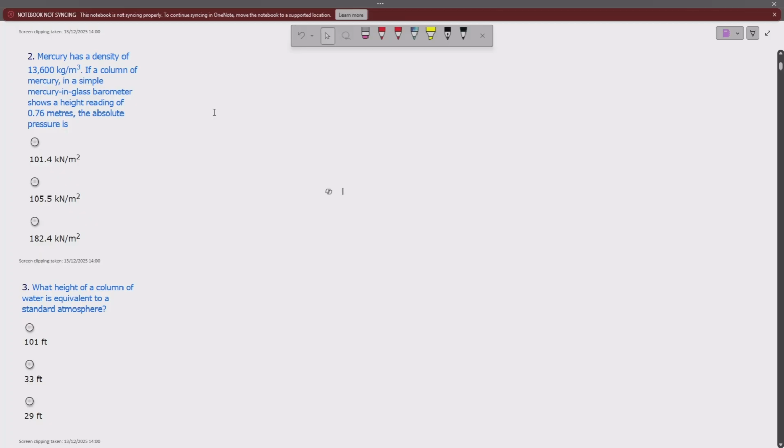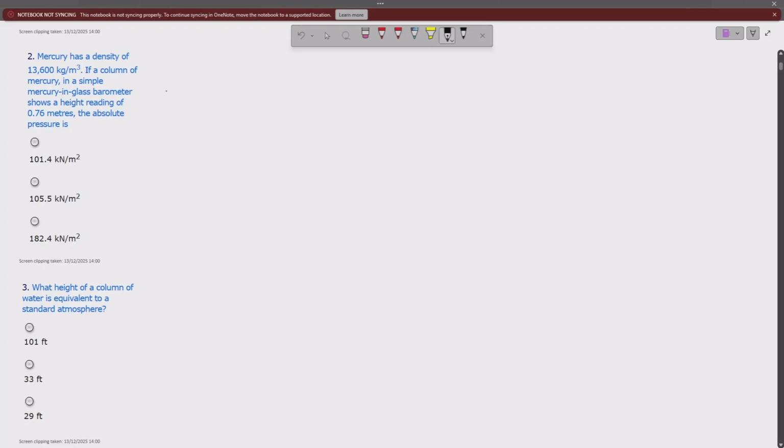Mercury has a density of 13,600 kilogram per meter cube. If a column of mercury in a simple mercury glass barometer shows a height reading of 0.76 meters, the absolute pressure is.